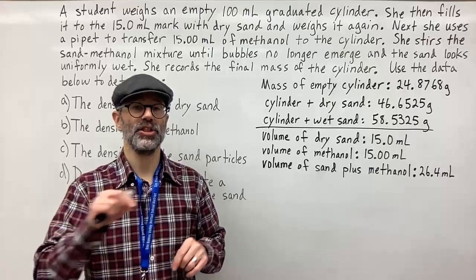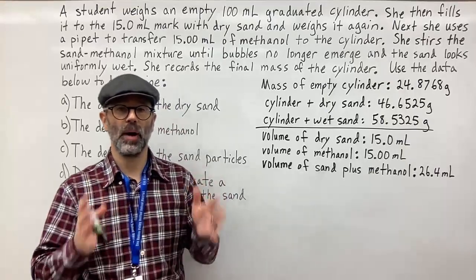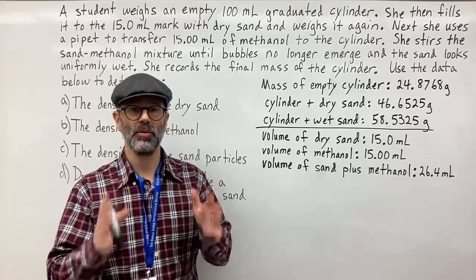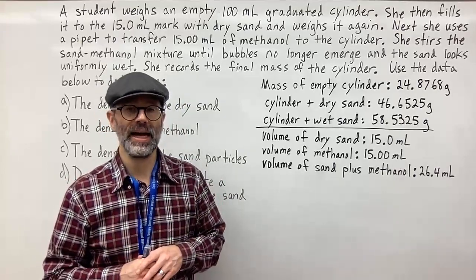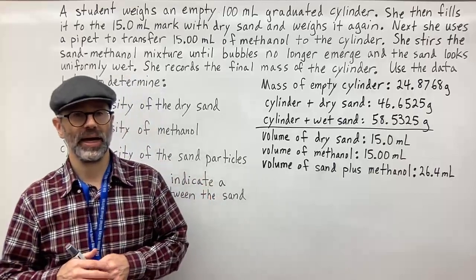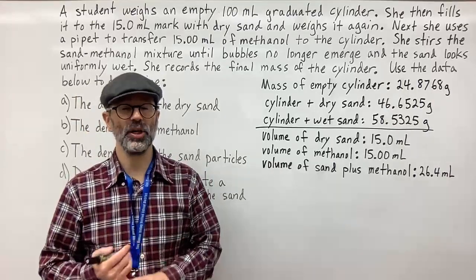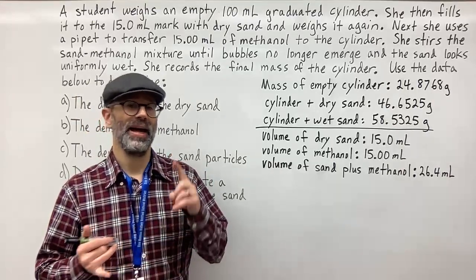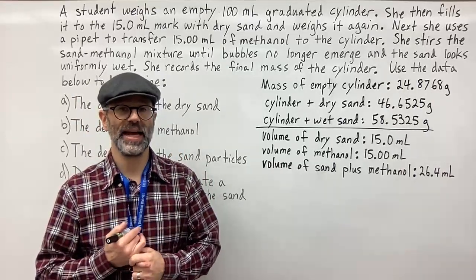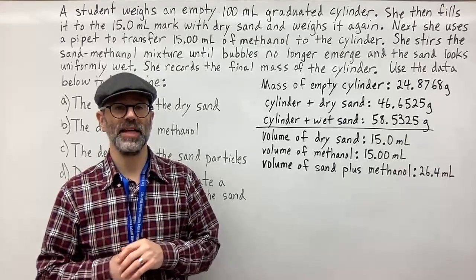And then she stirs the sand methanol mixture until the bubbles no longer emerge and the sand looks uniformly wet. Then she records the final mass with the cylinder, the methanol, and the sand in it. And then she has the data, right?